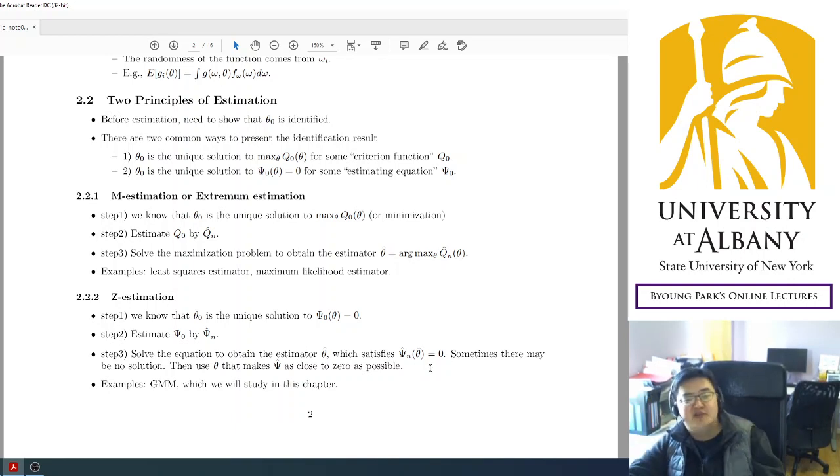Numerically, it's really hard. So what you do here is you simply, for example, take the square of this and minimize that, like least squares. Least squares wants to make epsilon as close to 0 as possible, so minimize its square. You may redo pretty much the same thing from here. Based on this, we are going to minimize the square of this estimating equation.